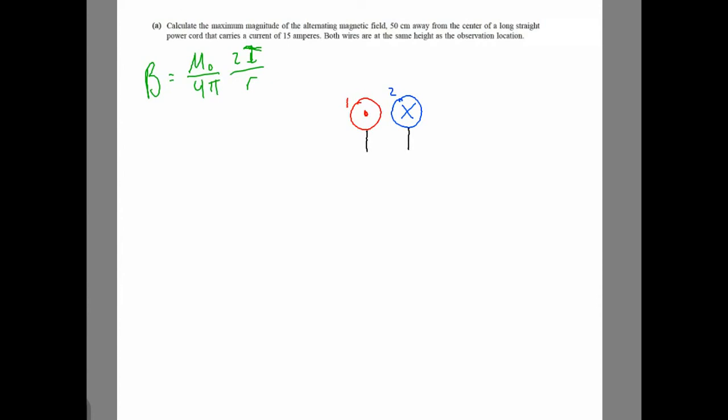There's a separation distance S between the two wires. This is the observation location, and there's a distance D from the center of the two wires to the observation location.